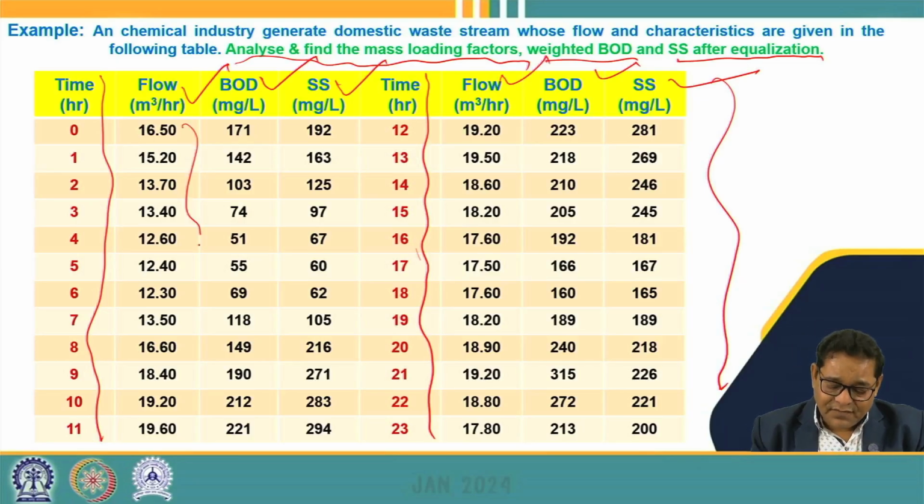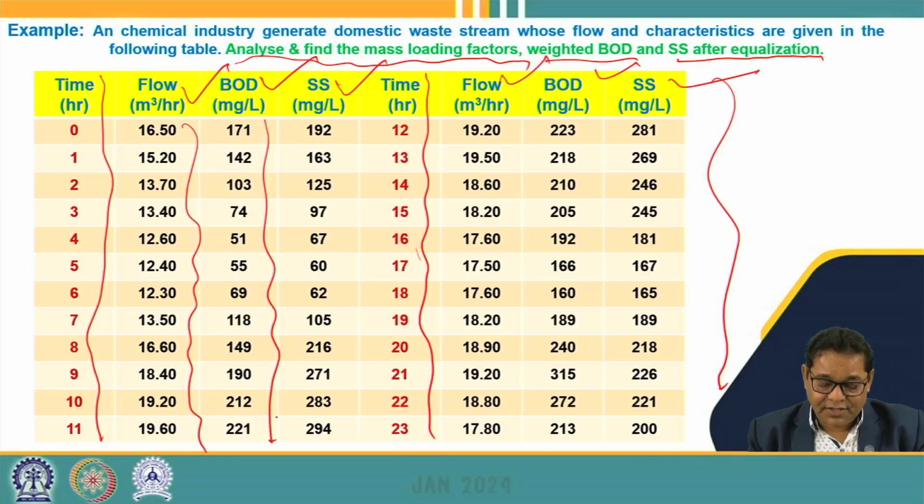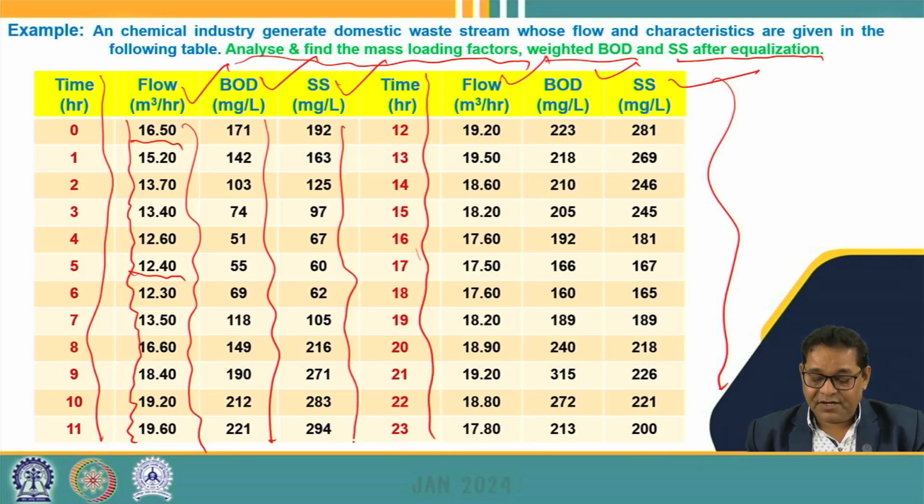If we analyze the flow and the concentration, the flow rates are not uniform throughout the period. Sometimes the flow is very high, like 16.5, sometimes it is 12.4. So the flow rate varies every hour, and there is similar variation in the concentration of BOD and suspended solids.